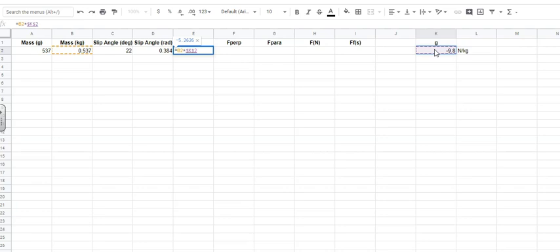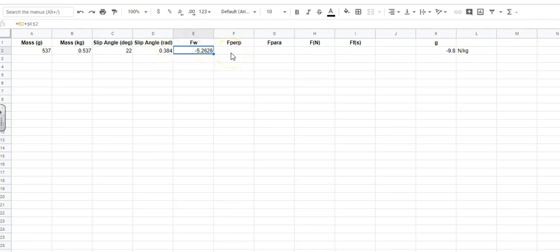If you can't find it, you just need to put a $ sign in front of both the column and the row. So if we go enter, okay, that means that if we copy this formula down, it stays at that cell here.